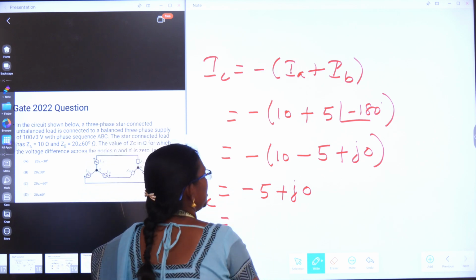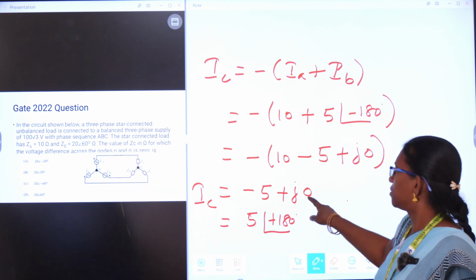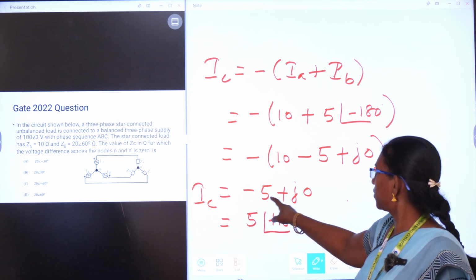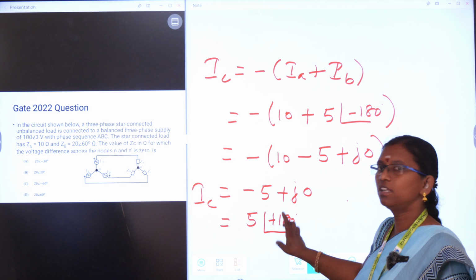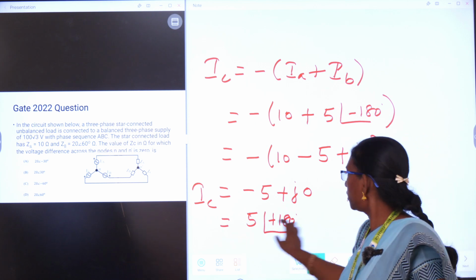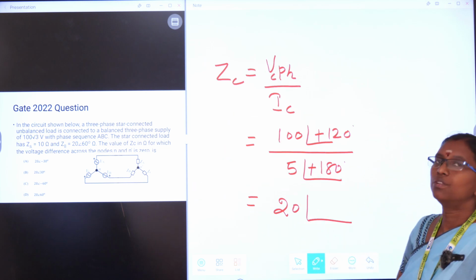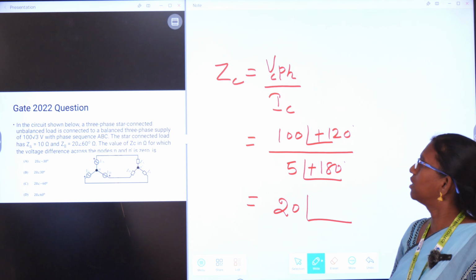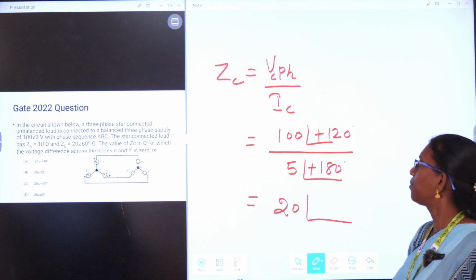This can again be converted to polar form. IC, minus 5 plus J0, when converted to polar form gives 5 angle 180 degree. Now we substitute that in the ZC equation: VC phase divided by IC.